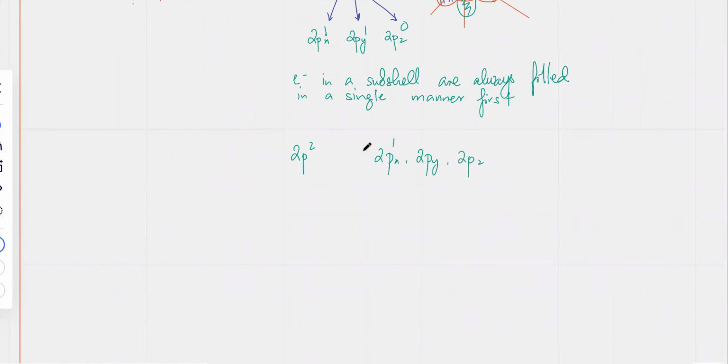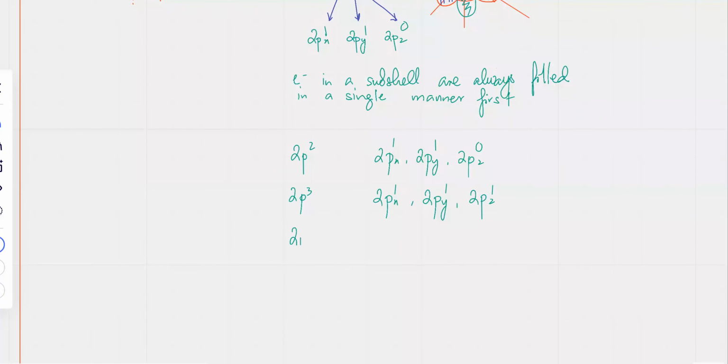So one of them would go in the px, one of them would go in the py, and the third one would be empty. If you have 3 electrons in the p subshell, how would the orbitals look? You'll have 3 orbitals in the p subshell, and one electron would go in the px, one in the py, and the third one in the pz.